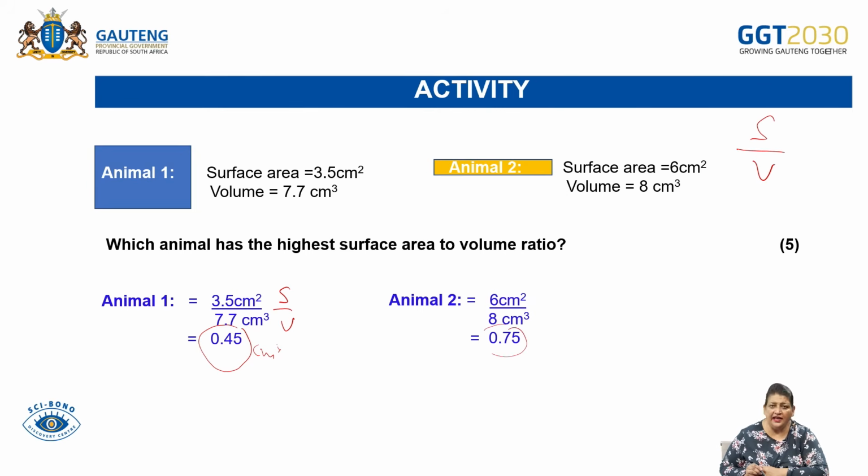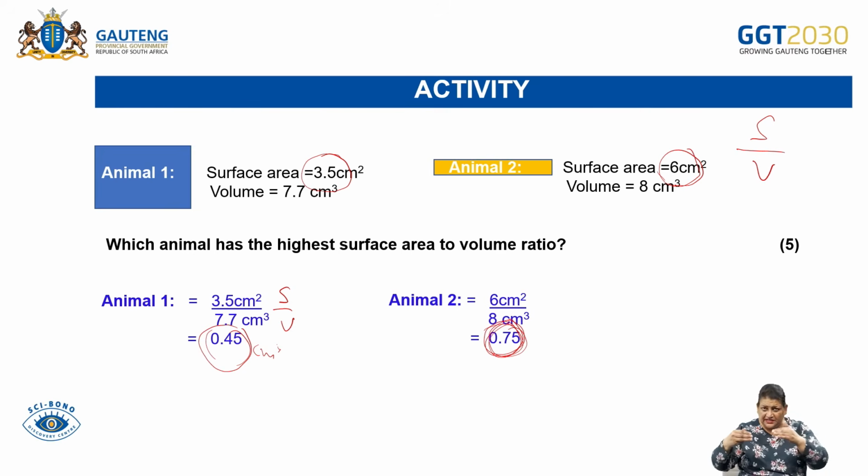So it seems like animal 2 occupies a bigger space, but then it has a higher surface area to volume. 0,75 is higher than 0,45. Why? Because the surface here along which oxygen can diffuse is 6, whereas the surface here is 3,5.